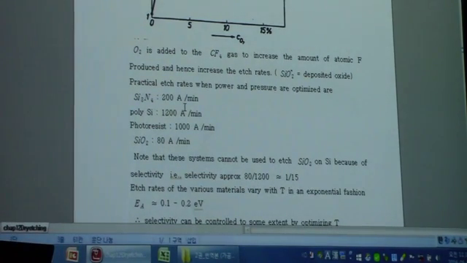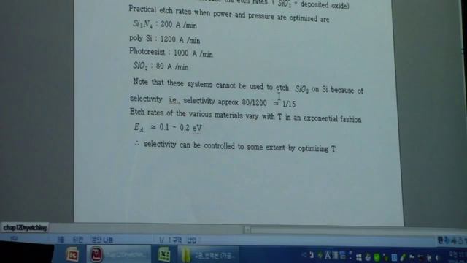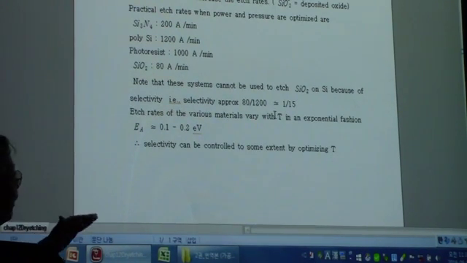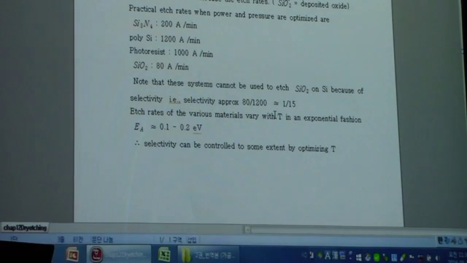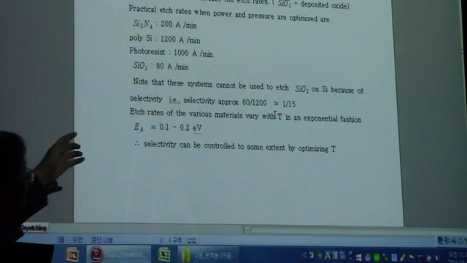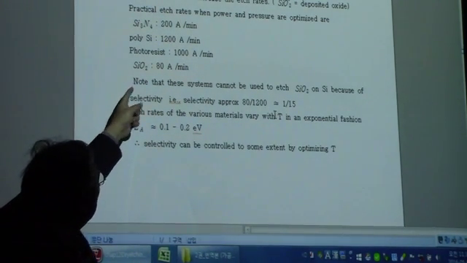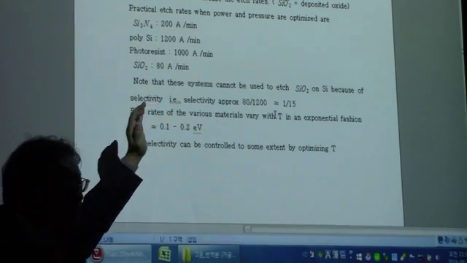And note that these systems cannot be used to etch silicon oxide on silicon because the selectivity is 1 to 15. It means that if you have a silicon substrate and, for example, a thermal oxide on top, and you want to make a pattern of the silicon oxide deposited on top of the silicon, and you use the barrel type reactor, then you can see the etch rate of silicon oxide is 80 angstrom per minute.